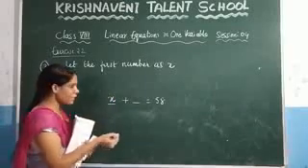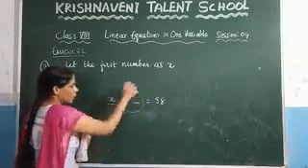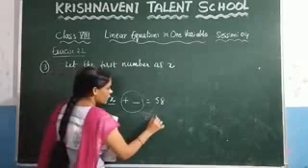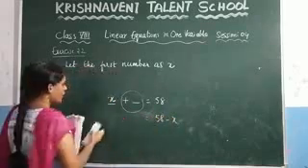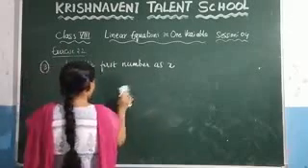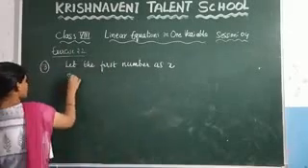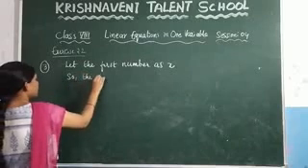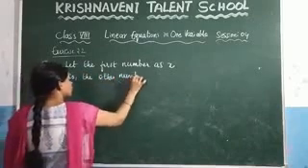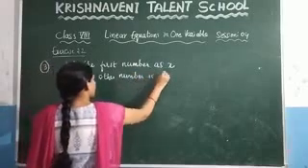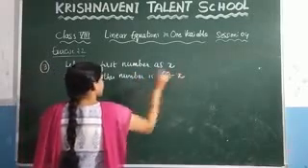Then what will be the other number, which is nothing but if you take x to that side, what will you get? You will get 58 minus x. This will be the other number. So write it here. Let the first number be x, so the other number is 58 minus x. Right?